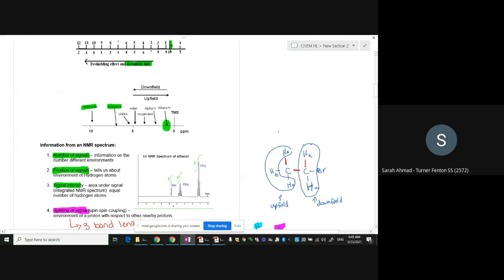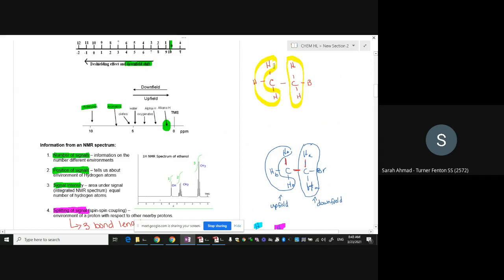Okay? So let's take a look at bromoethane again. We identified that there are 2 environments, right? Environment A and environment B. Hydrogens that are in the same environment do not influence each other's nuclear spins, okay?